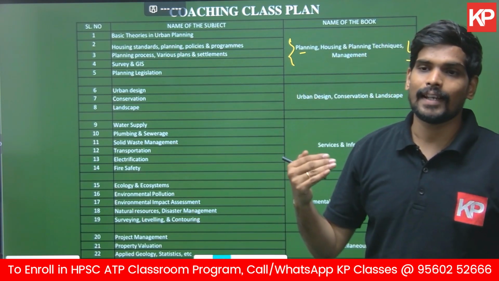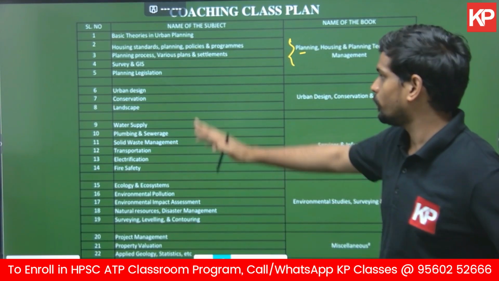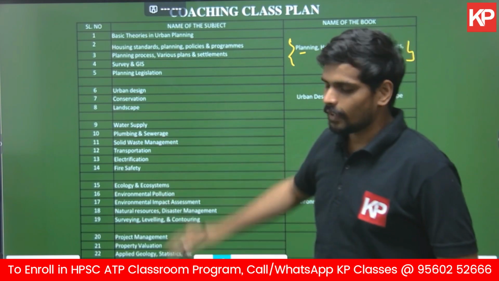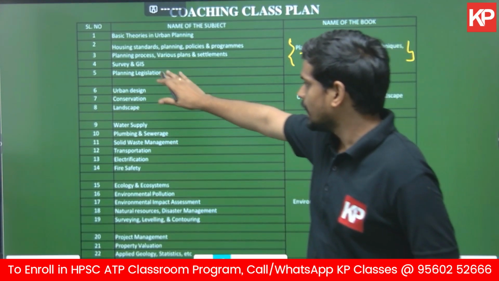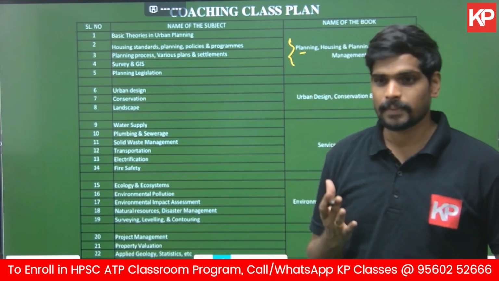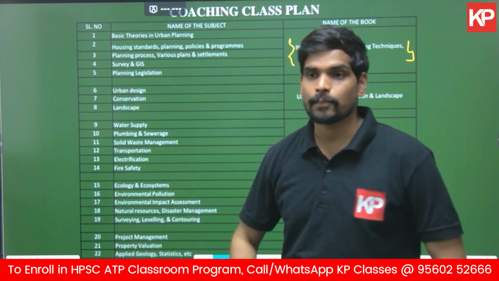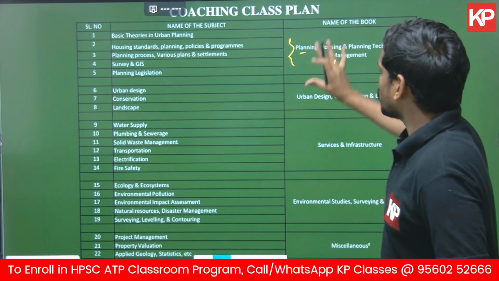So you have the planning hierarchy like perspective plan, regional plan, what the hierarchy of plans is, and also the various types of settlements as per URDPFI guidelines. That's also important. Then survey and GIS based topics, the basic concepts you need to know, various types of survey, and also planning legislation. These are going to be a part of this particular book.